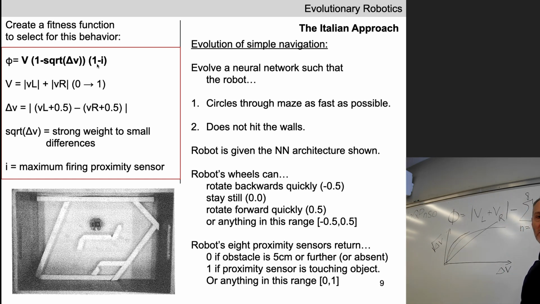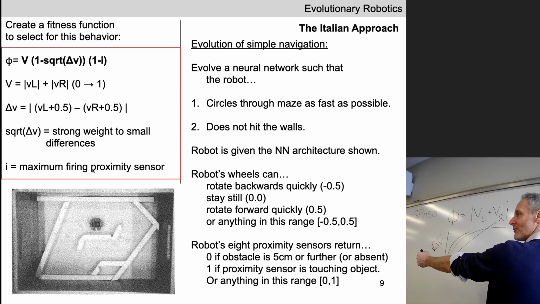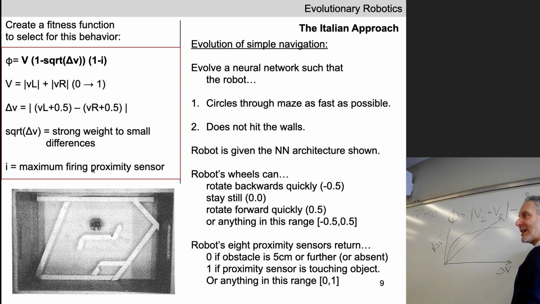And then they're multiplying this by 1 minus i, where i is the maximum among these 8 values. Instead of trying to get all the proximity sensors to be as low as possible, by taking the maximum one, the one that's firing the most strongly, here's one that's firing strongly, here's one that's firing weakly, we only care about the one that's closest to a wall.